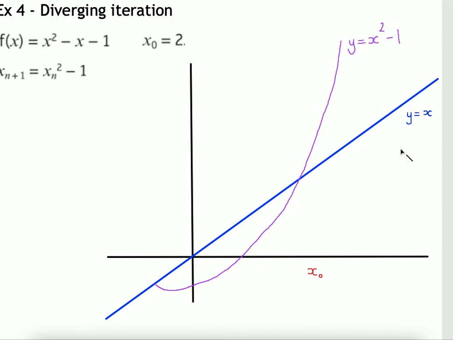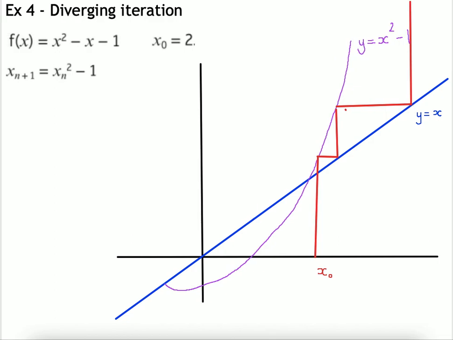So again, we've got our initial value here, and that goes to there, and then we go to our line, and then we go back to our function, and there, and then as we can see, it just goes off. It doesn't actually focus in on one point. It ends up going away and away, and never gets to a particular point. So that is what iteration actually does.